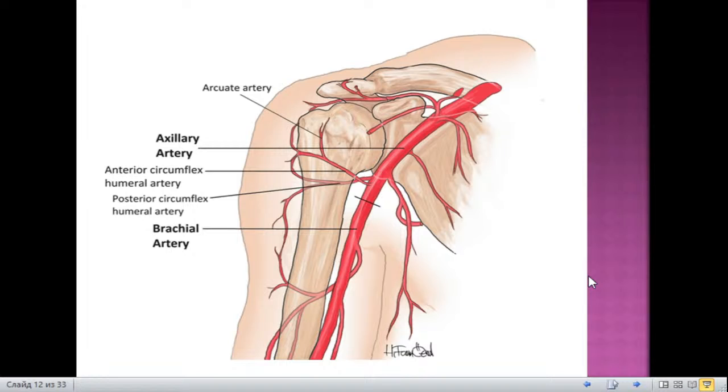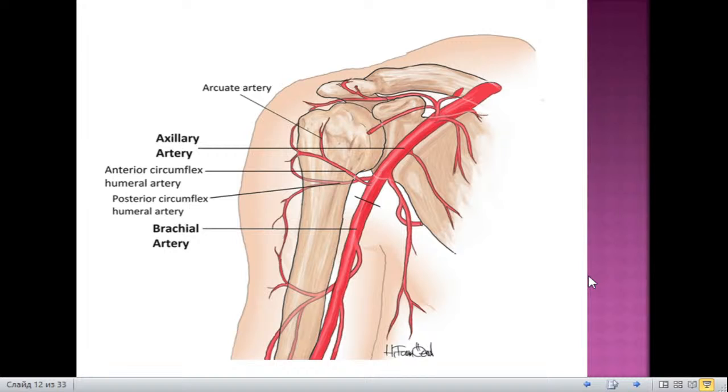And the next important thing: we will talk about the blood supply of the upper limb. Firstly, what can we say about this arterial blood supply as a whole? Upper limbs are supplied by the subclavian arteries and their continuations, like the axillary. Do we have arterial anastomoses in the upper limb? Of course we have.